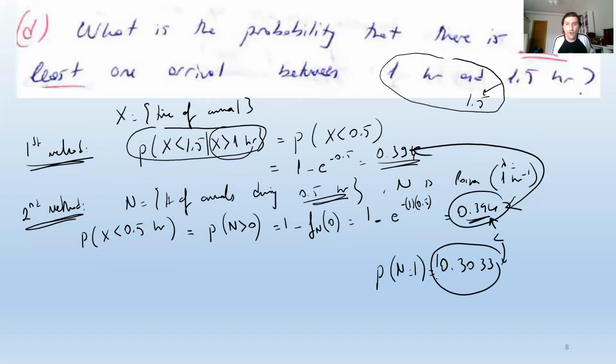Because we have only one landing here, whereas the other says at least one landing, which consists of 1, 2, 3, all up to an infinite number of landings. Therefore, this value should of course be smaller. If you also include 2, 3, 4, up to infinity, you will converge to that value. Okay, so that's all I'm going to talk about the exponential distribution.